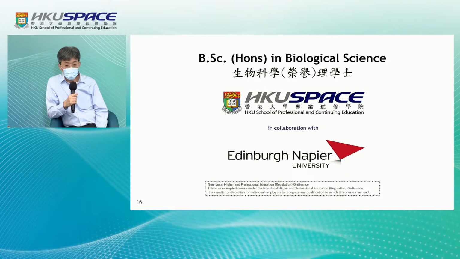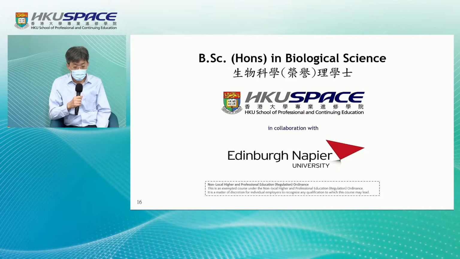The third one is the BSc (Hons) in Biological Science. This one is jointly funded by HKU SPACE and Edinburgh Napier. Bear in mind that the degree offered by this program is awarded by Edinburgh Napier, so it is regulated by the Non-local Higher and Professional Education Ordinance.